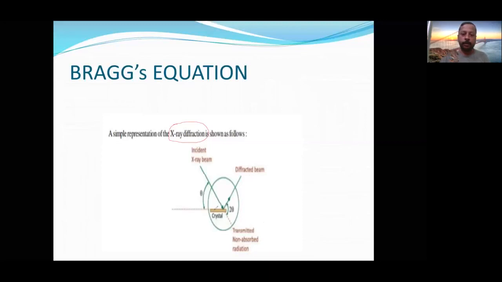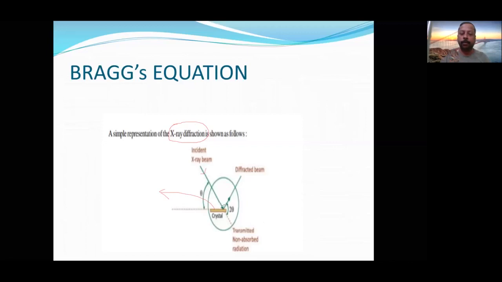This is a crystal which is under study. We are going to study the crystal; this is a part of crystallography, which is the study of crystals. Now this is the incident beam.